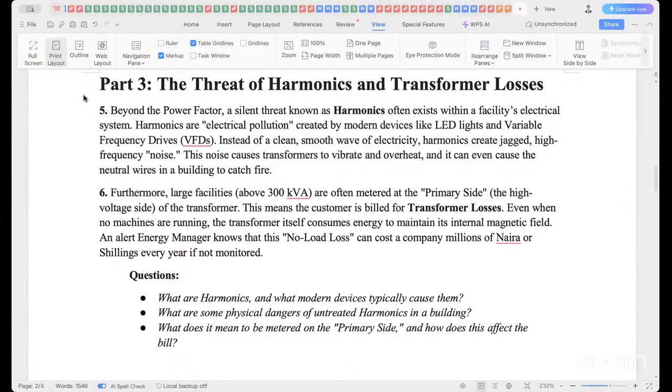Number 6. Furthermore, large facilities above 300 kVA are often metered at the primary side, the high voltage side of the transformer. This means the customer is billed for transformer losses, even when no machines are running, because the transformer itself consumes energy to maintain its internal magnetic field. An alert energy manager knows that this no load loss can cost the company millions of naira or shillings every year if not monitored.